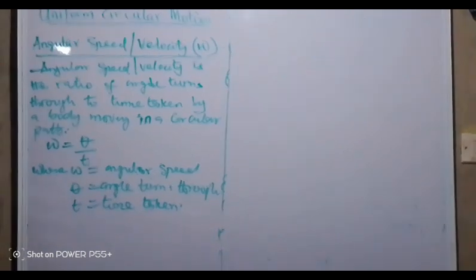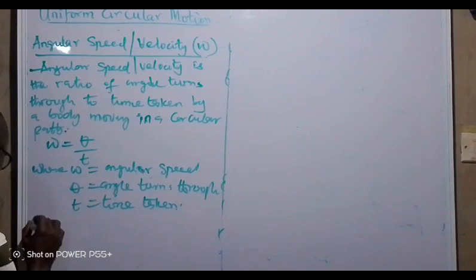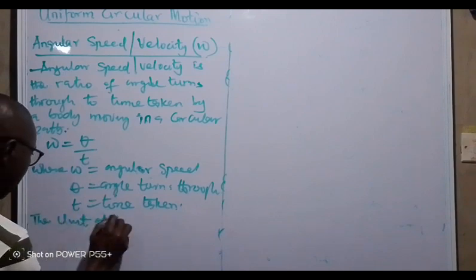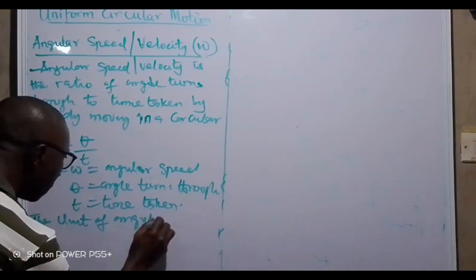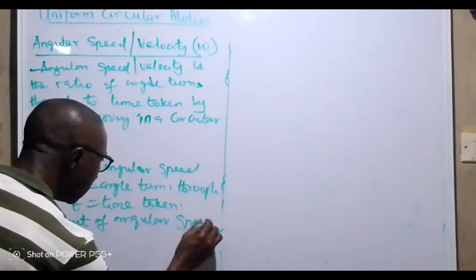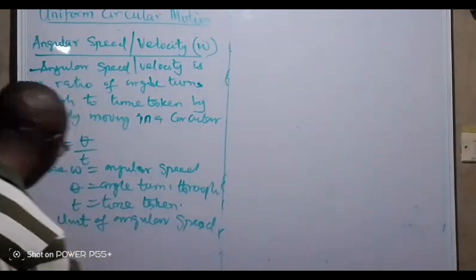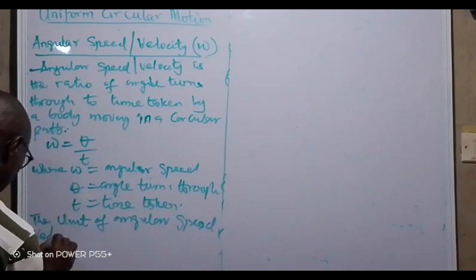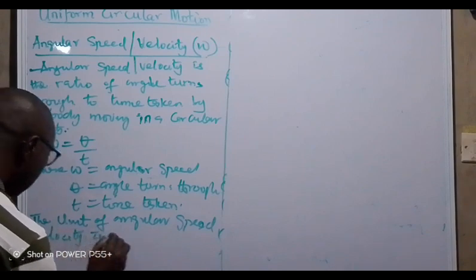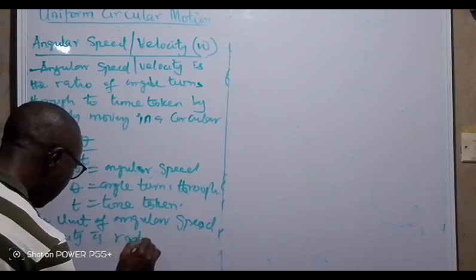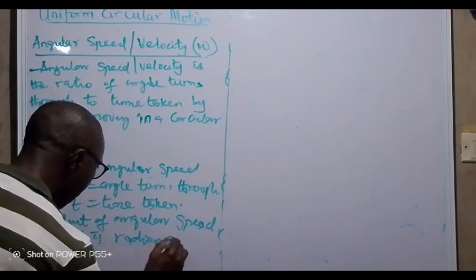Now, the unit of angular speed or velocity is radian per second.